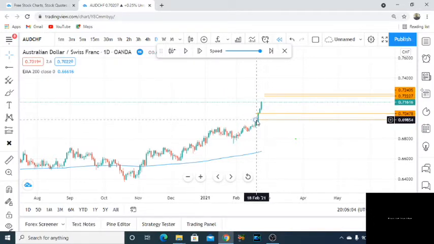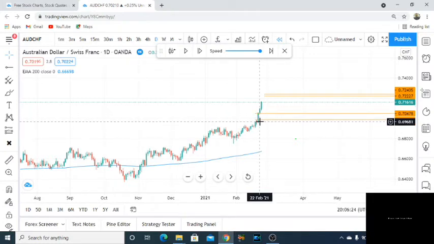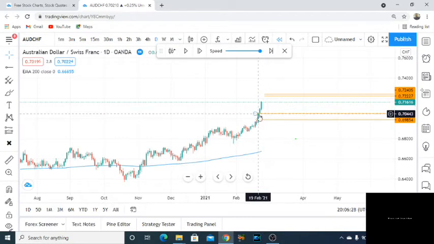So the imbalance is an area where the market has moved in one direction. As you can see here, the market is only moving to the upside, no tail. So we got an imbalance in this area.